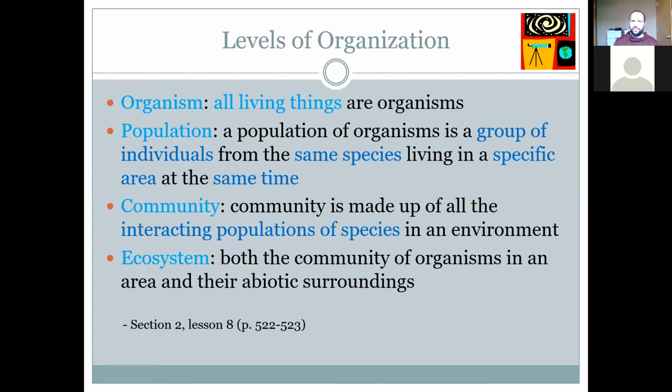So the population as it pertains to this particular example is the total amount of those rainbow trout in that lake. Here's the written definition: a population of organisms is a group of individuals from the same species living in a specific area at the same time.